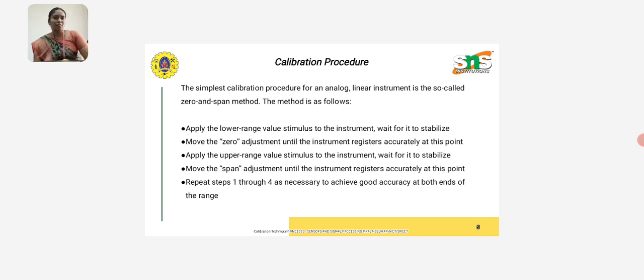Next we move on to the calibration procedure. Calibration should follow a set procedure, also called the zero and span method. First, apply the low range value stimulus to the instrument and wait for it to stabilize.